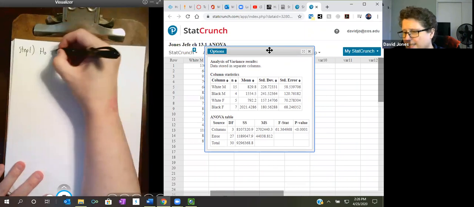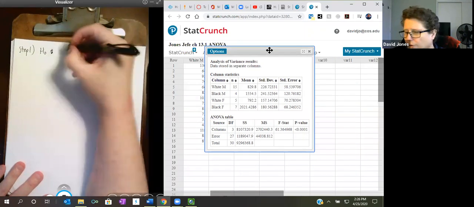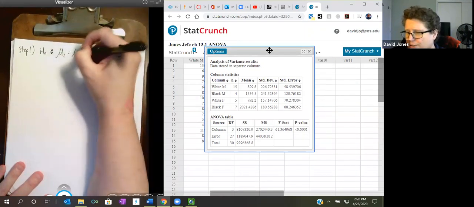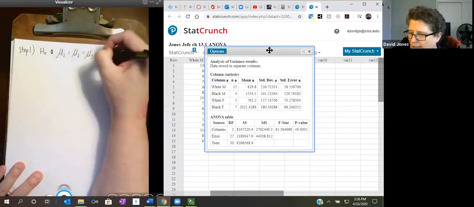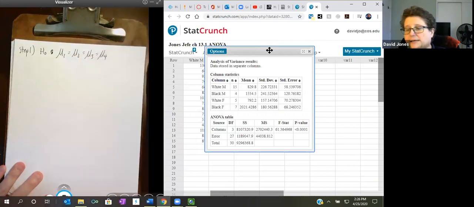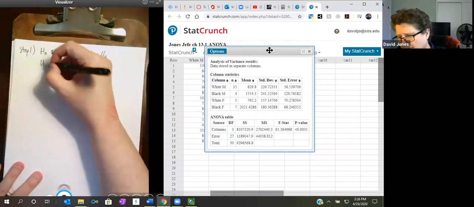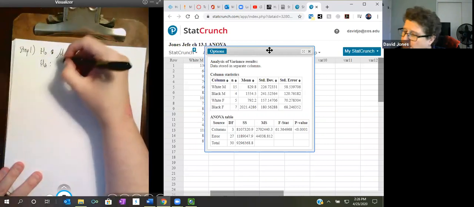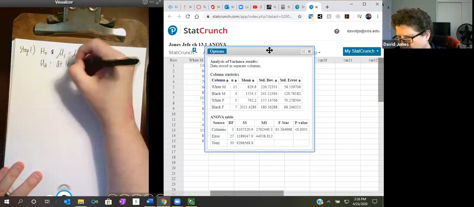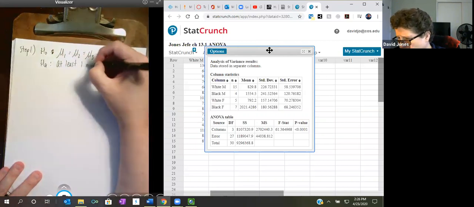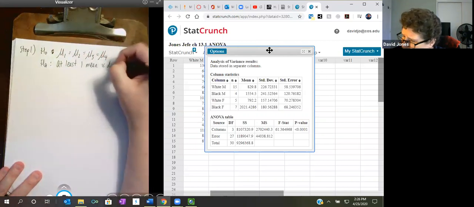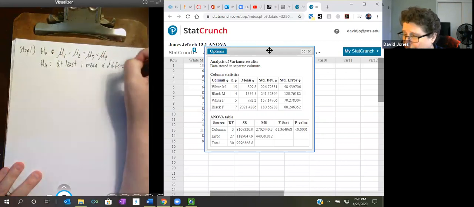H0 is, there's 4 groups, so mu1 equals mu2 equals mu3 equals mu4. HA, at least one mean is different. Either paying more or paying less.